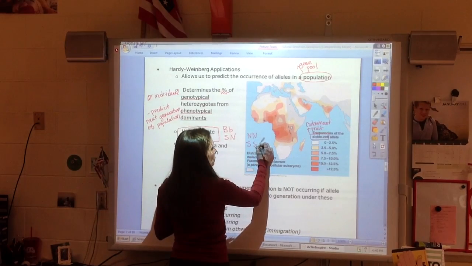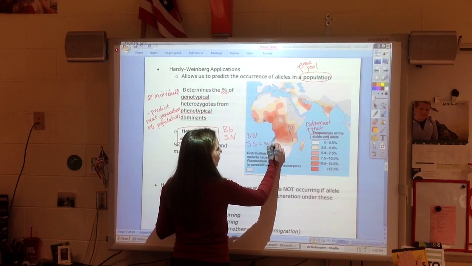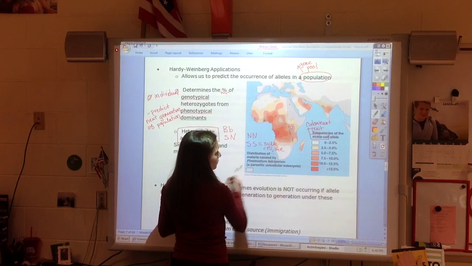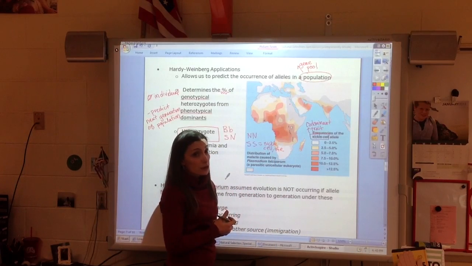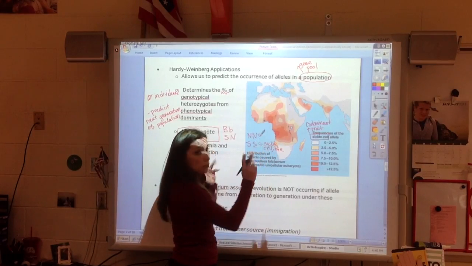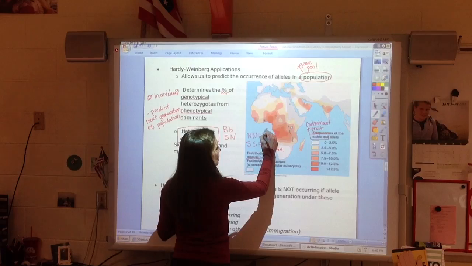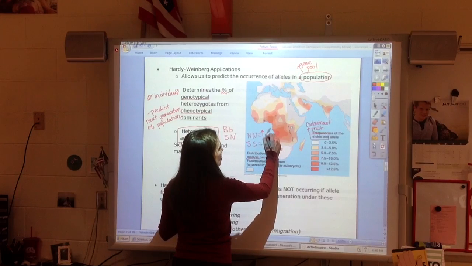Sickle, sickle individuals are actually very sick because of sickle cell. And so they usually die or don't live long enough to reproduce. Normal, normal, turns out they're normal, but they are very likely to get malaria. So they have a high risk of malaria.